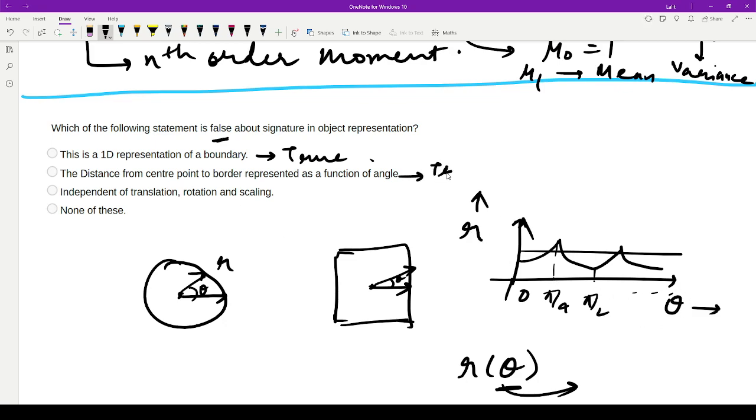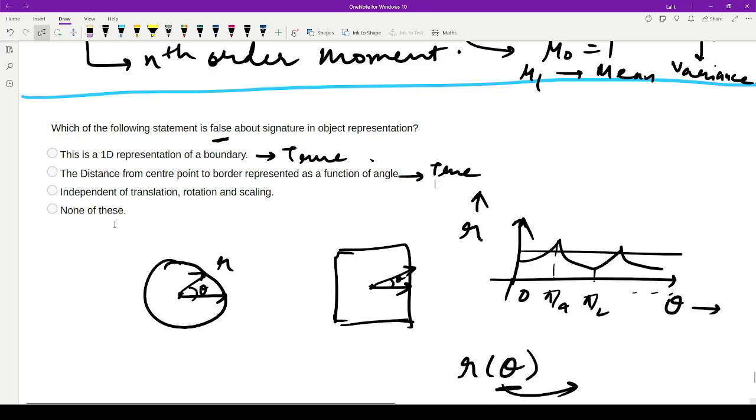So it is true, independent of translation, rotation, and scaling. Is it independent of translation? Yes or no? Why no? If you translate the whole object, the relative displacement is the same.